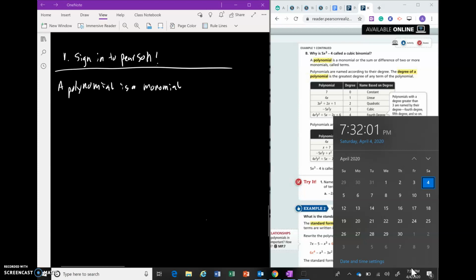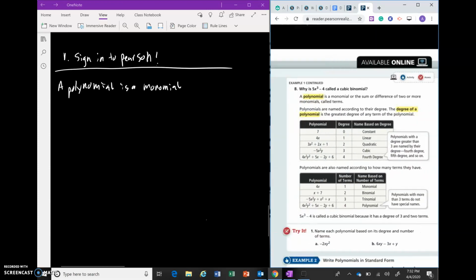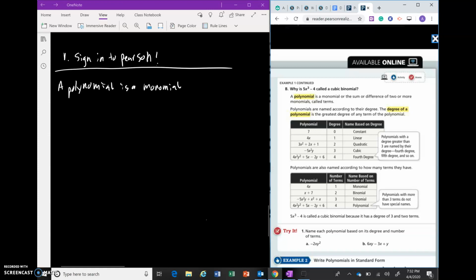Let's get to it. My job is to try to make this book a lot easier than what it is, okay? So let's start with the definition.